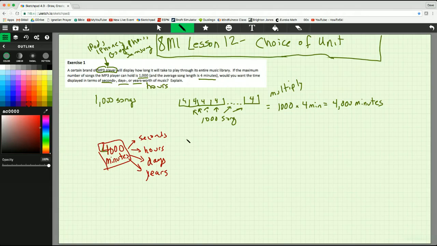Now the question you have to think about is which one is bigger. This isn't the only way to do it, but we'll do it this way today. Are minutes bigger than seconds? Let's do yellow. Minutes or seconds? Yes, minutes are bigger than seconds.